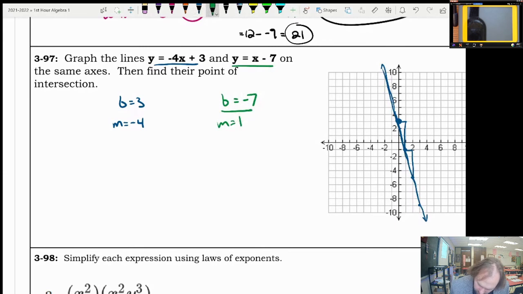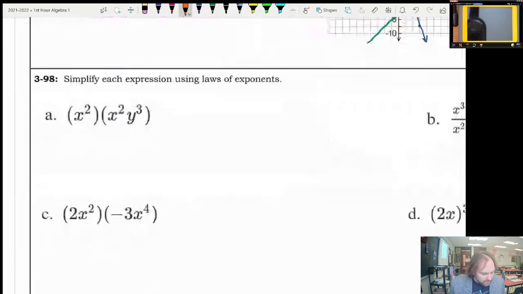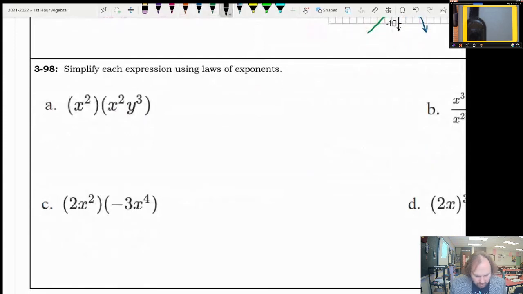So we'll go ahead and put -7 right there on the y-axis. We're going to go over 1, up 1, over 1, up 1. There's our intersection. That is the point, looks like it's the point (2, -5), I think. That's the intersection point.